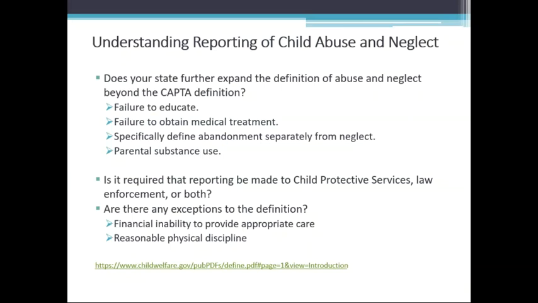And then, is it required that you report to Child Protective Services or law enforcement or both? And then last, are there exceptions to the definition? Some states do specify it's neglect unless the family doesn't have the financial ability to provide appropriate care, or what's occurred is reasonable physical discipline by a caregiver.